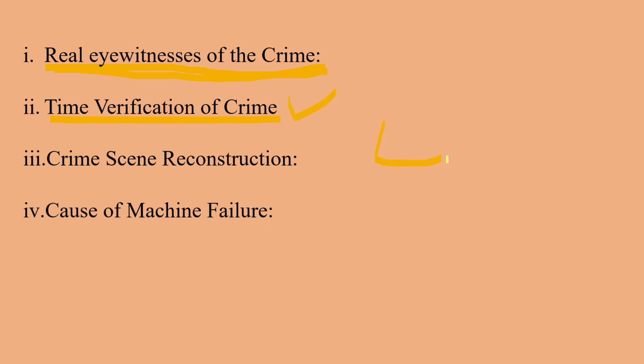Suppose an accident occurred and the owner of the vehicle says that at this time, suppose 11:25, I was not at the spot, I was somewhere else. What if CCTV footage of this event or accident is available? On analysis of the CCTV footage, you can fix the real time, the actual time.